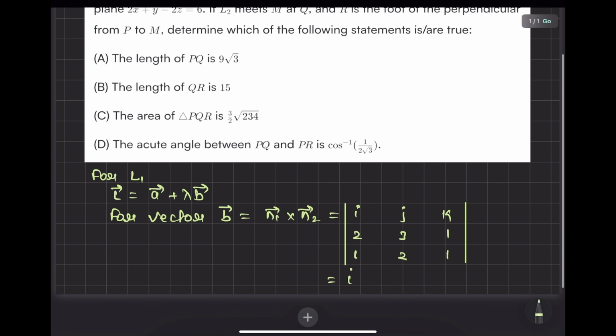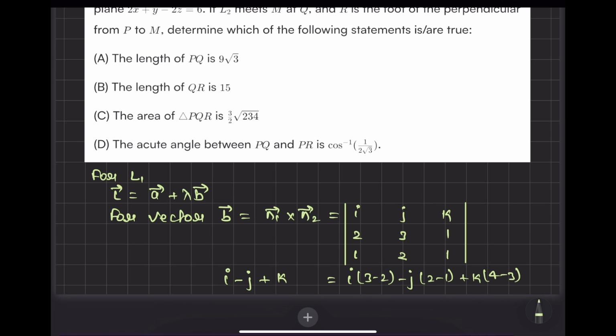Now i will be what? 3 minus 2. Then j will be what? 2 minus 1. Then k will be what? 4 minus 3. Now you can update, it is i minus j plus k. So you got a vector along the line.